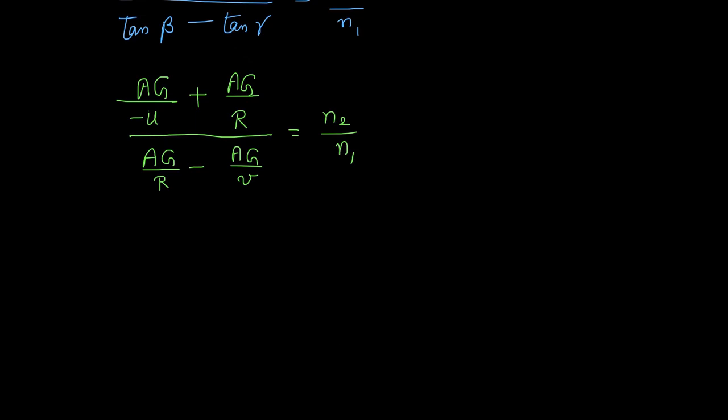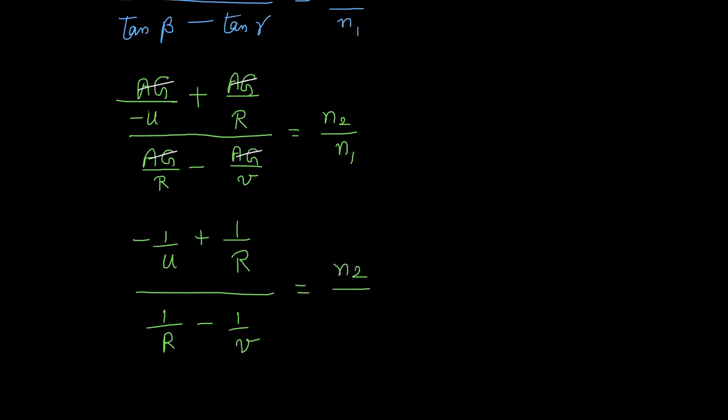Now what about AG in all these cases? AG gets cancelled out, numerator and denominator. So the equation is minus 1 by u plus 1 by R whole divided by 1 by R minus 1 by v equal to N2 by N1.